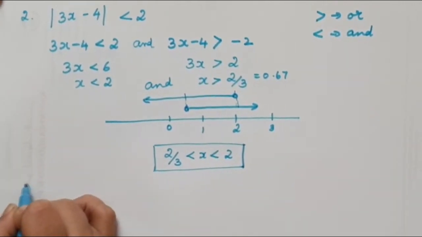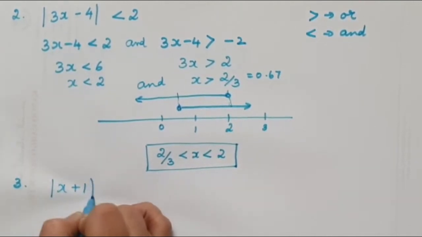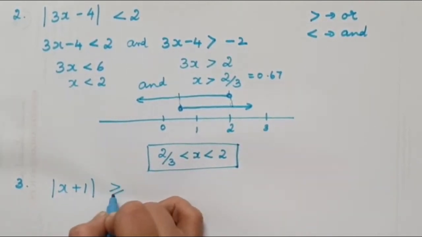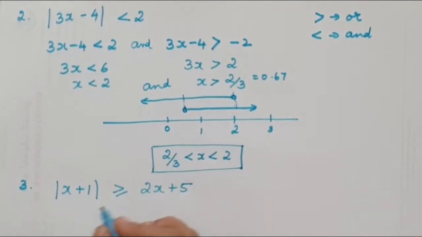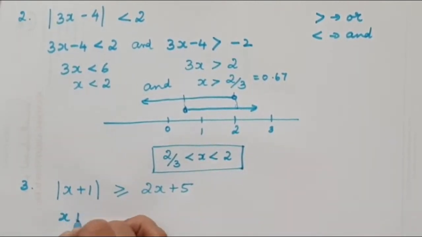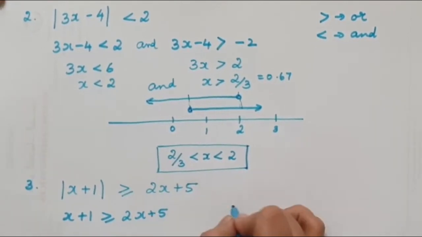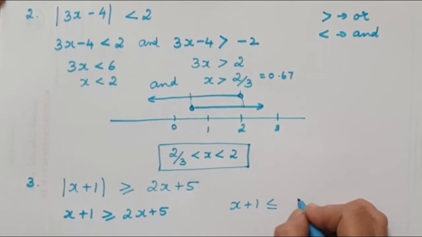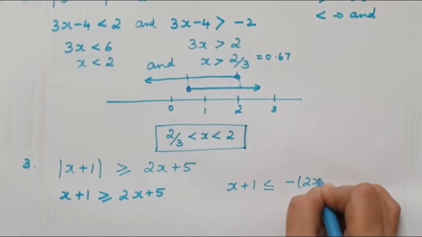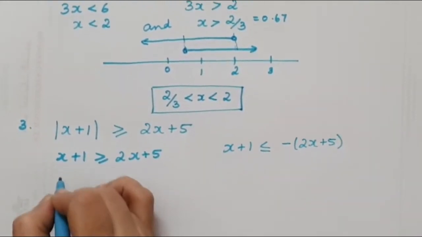Now the third type: modulus x plus 1 is greater than or equal to 2x plus 5. So the first one, x plus 1 is greater than or equal to 2x plus 5, and x plus 1 is the minus of 2x plus 5.